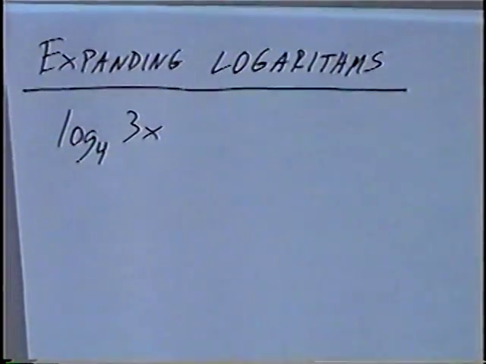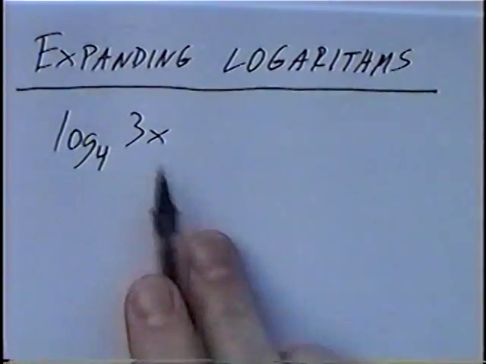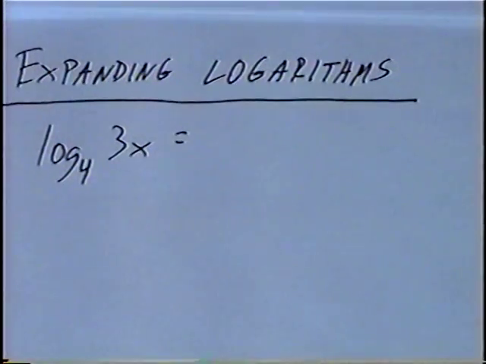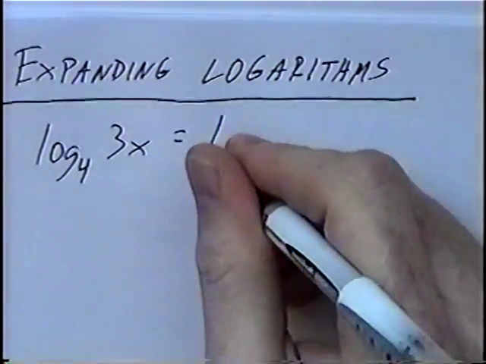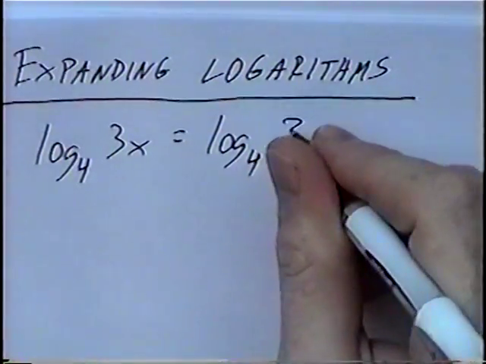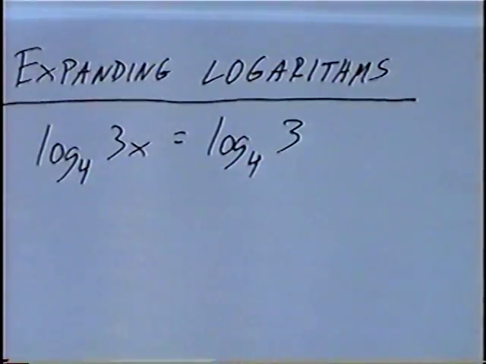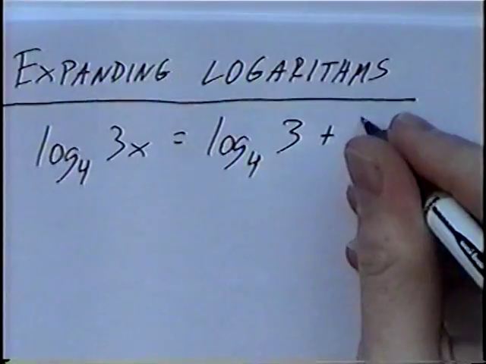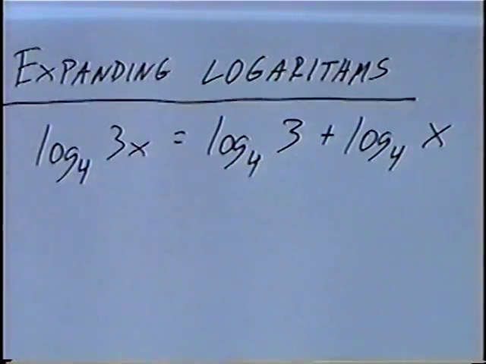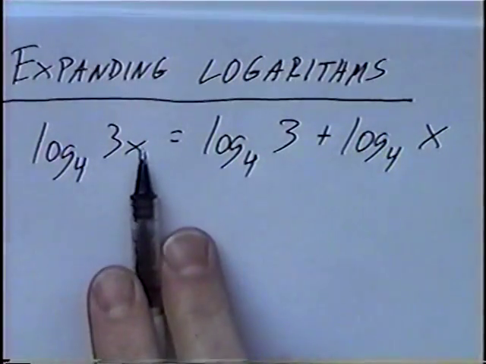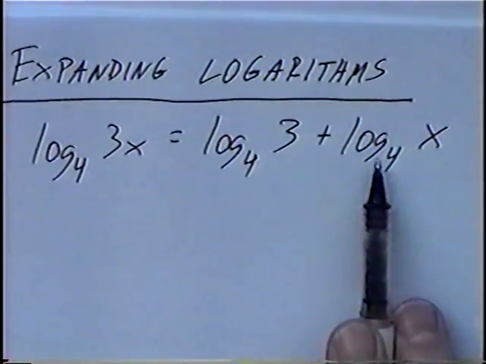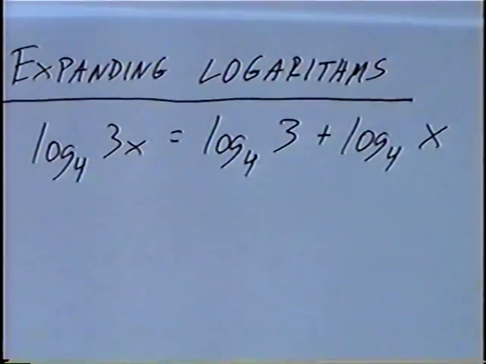This logarithm has a multiplication inside, 3 times x. Looking back at the properties of logarithms, multiplication, we can change to 2 logs. We'll have log with the base 4, 3. And instead of times x, we'll add to that a second log with the same base with x on the inside. So log 3x base 4 is equal to log 3 base 4 plus log x base 4.